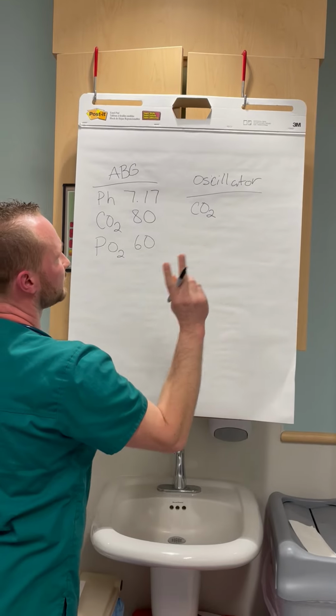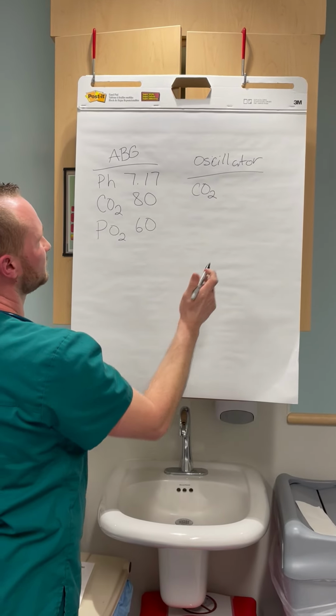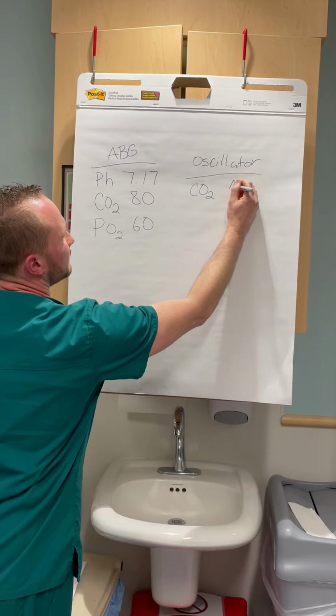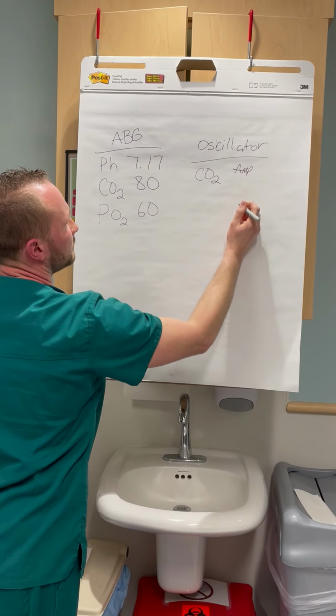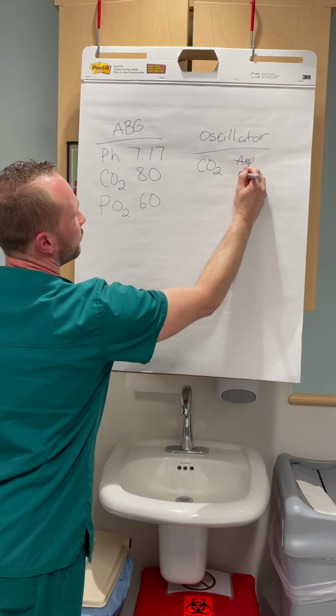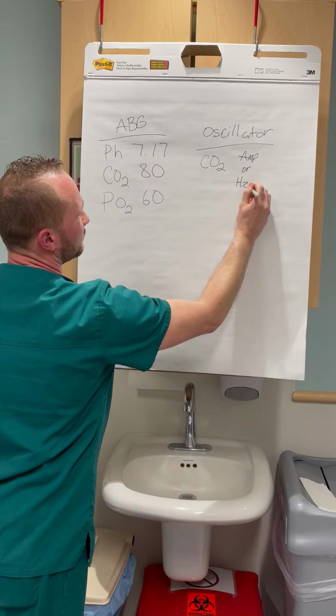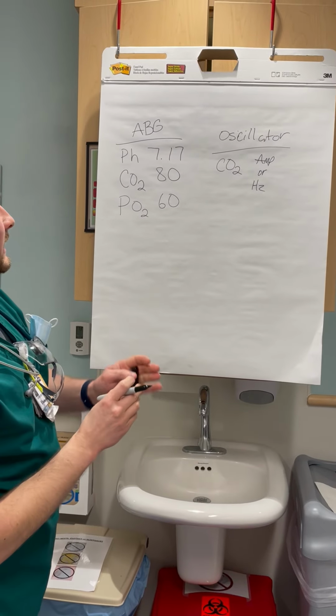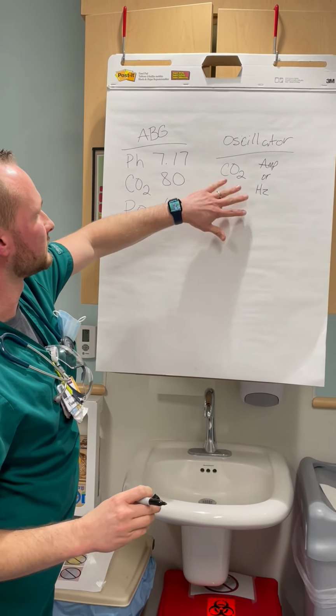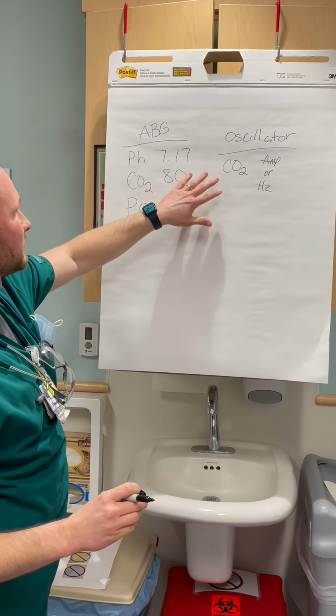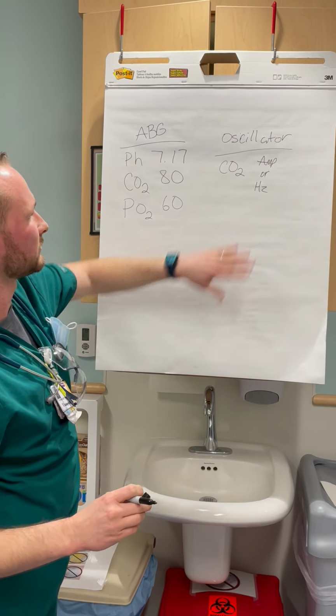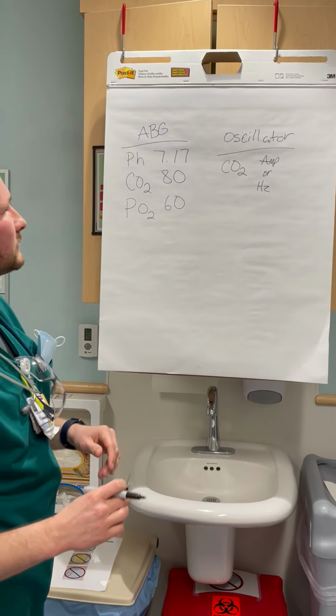There are two things that we can actually change, which would be our amplitude or our hertz. You can actually change both of these. It doesn't have to be one or the other, and sometimes one thing works better for one baby than the other.